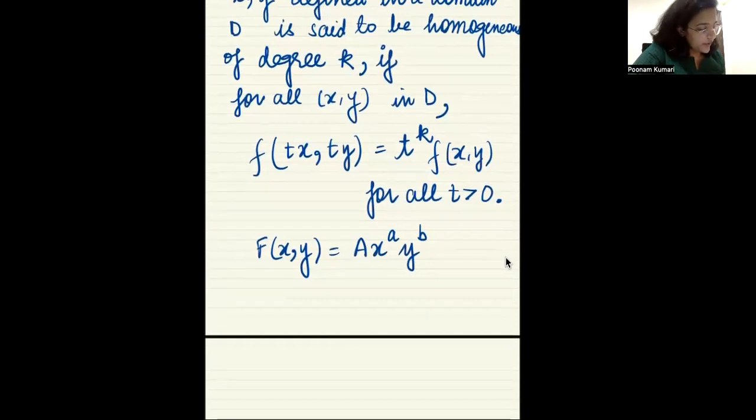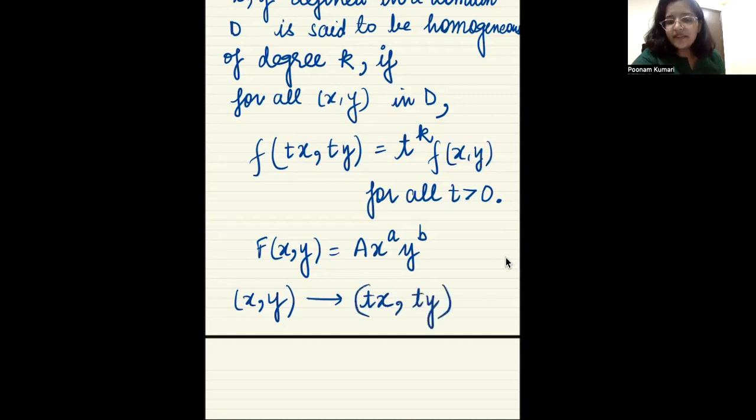I take an element x comma y from its domain. Then what did I do? I multiply both the elements by what? T. So now you have to find the function value at tx and ty, and after that you have to see what form your function takes.